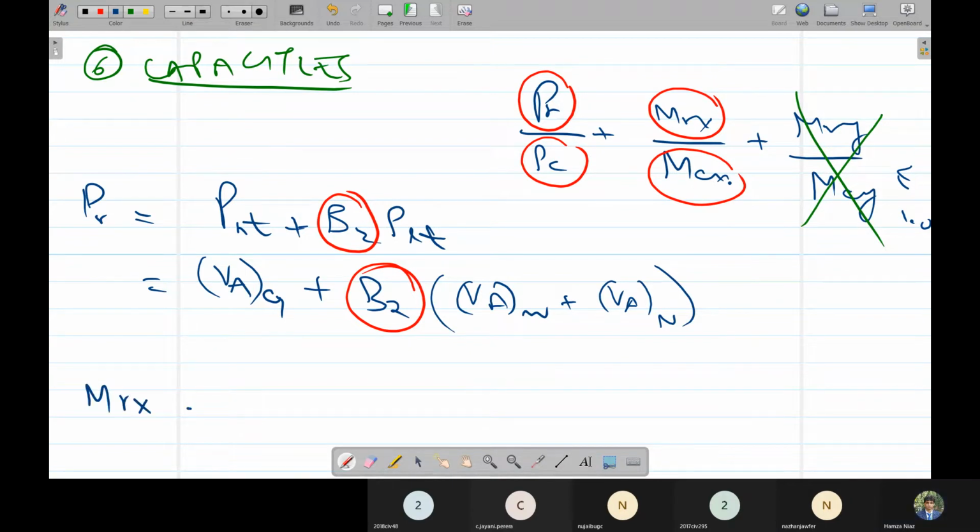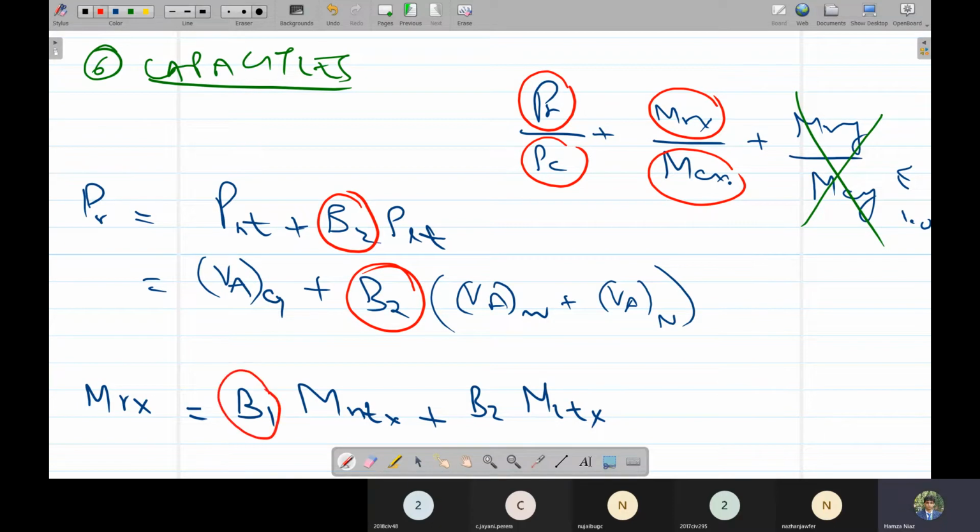The second is MRX. Again the same formula, B1 into MNTX plus B2 times MLTX. Again this B1 we are going to use. MNTX is the largest moment of MA or MB for only gravity loading, that is no translation, only gravity loading.